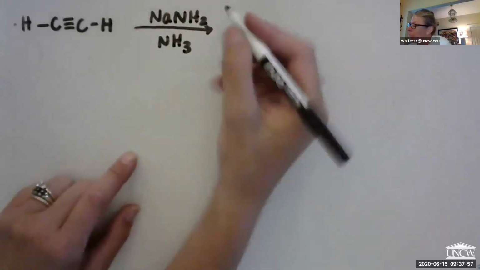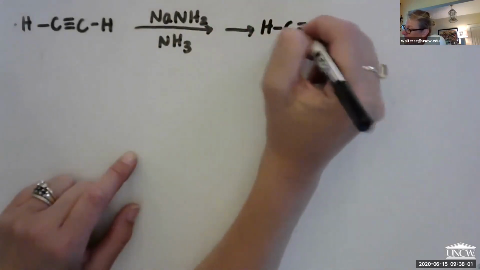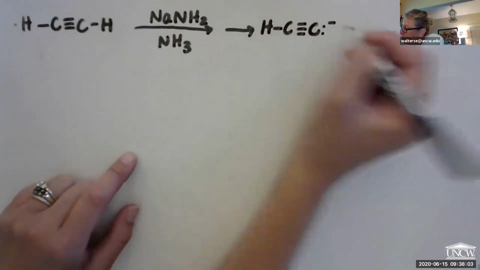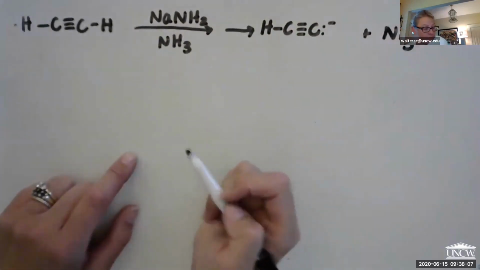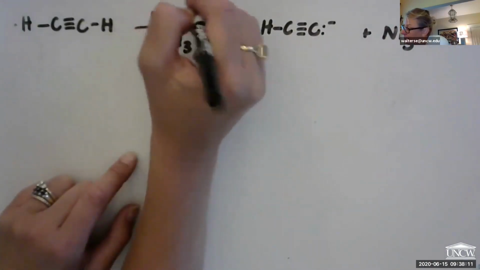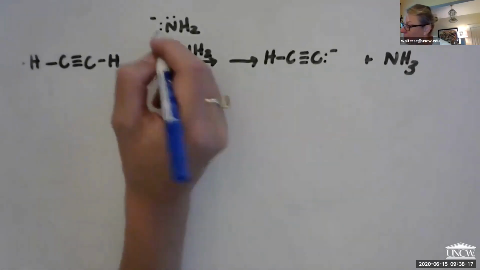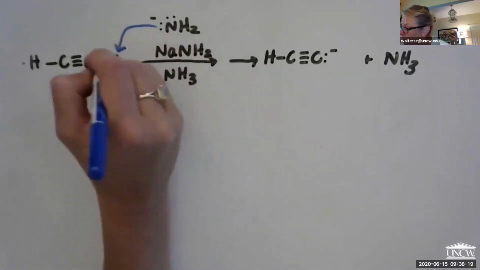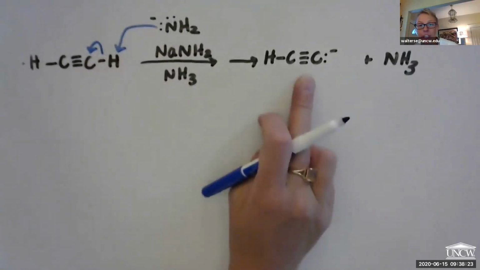What we're going to make is the acetylide anion, and we'll make more ammonia. Now you could do a mechanism for this. That's not difficult, by just saying, I'm going to go grab this proton and put the electrons on the carbon. But then you'd end up making your acetylide anion.